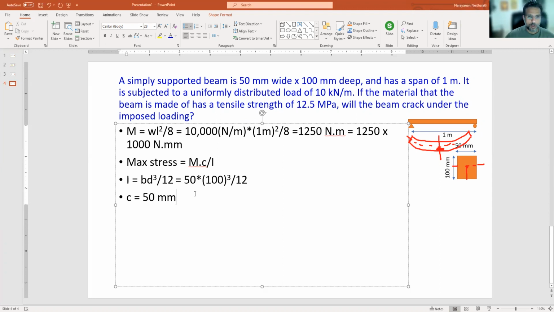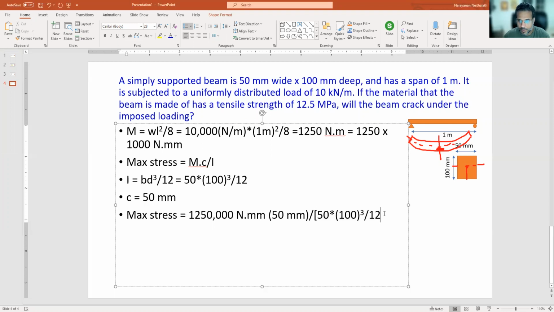Therefore, if you do all this, you will find that the maximum stress, with the moment 1250,000 Newton millimeter times C, which is 50 millimeter, over I, which is whatever this number is, B d cube over 12.